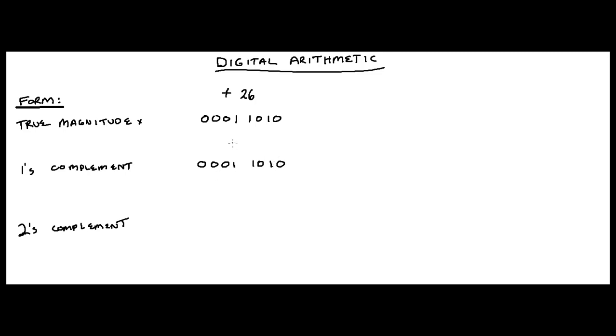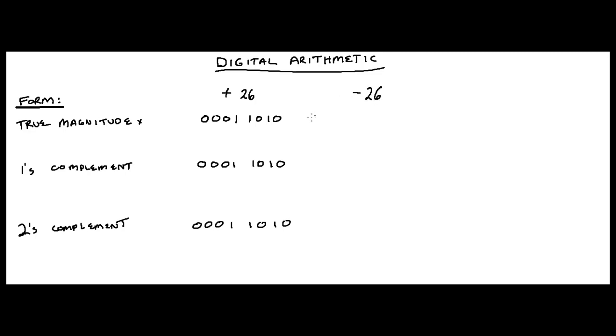Alright, so that's the ones complement of positive 26, okay? The 2's complement is the same thing. It's just the true magnitude of the number, right? For a positive number, okay? So this is 0, 0, 0, 1, 1, 0, 1, 0. Got it? Now, let's write negative 26, shall we?